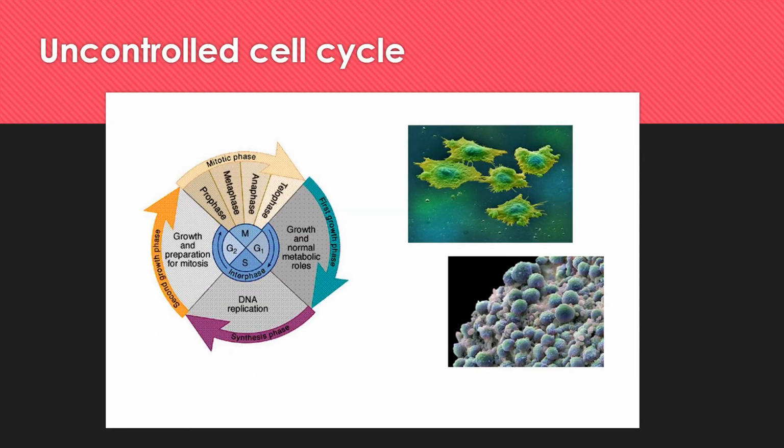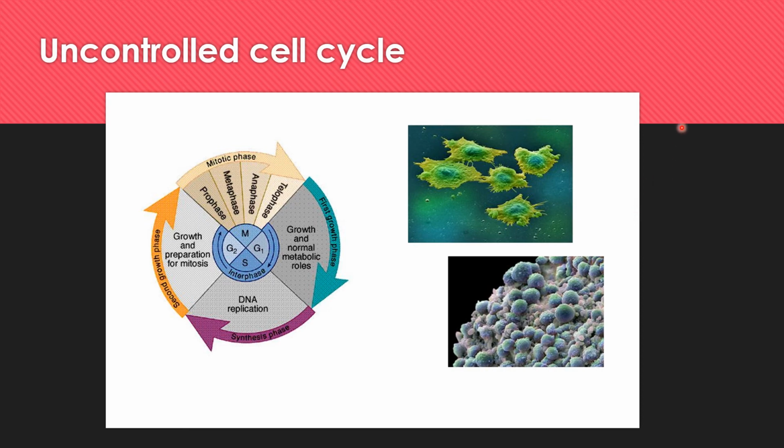And I just wanted to mention, when there's missed checkpoints, there's uncontrolled cell cycles, and those uncontrolled cell cycles will then have a higher possibility of turning into tumors and cancers, and that's why we have those checks and balances in the cell cycle, discussed in the previous slides.